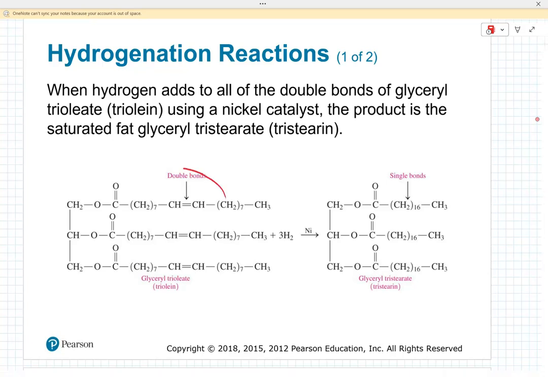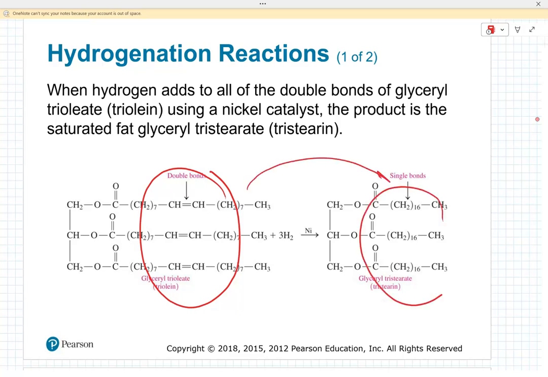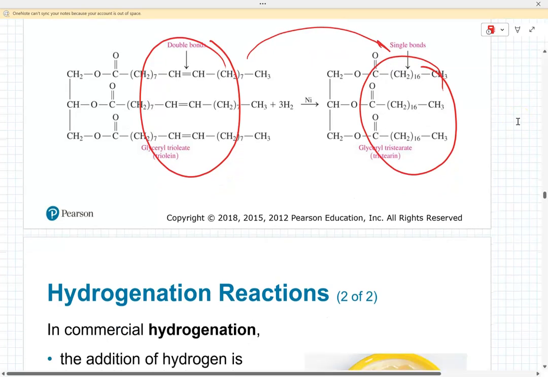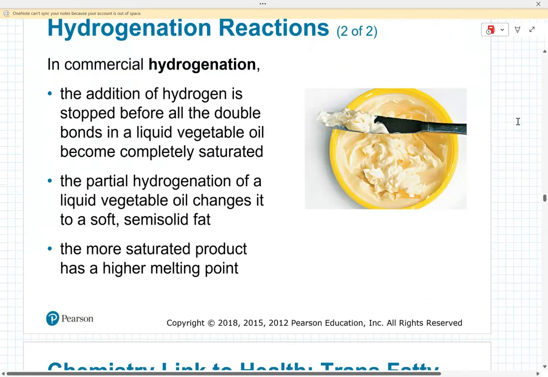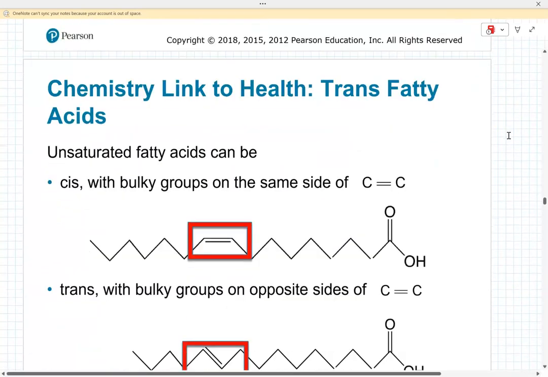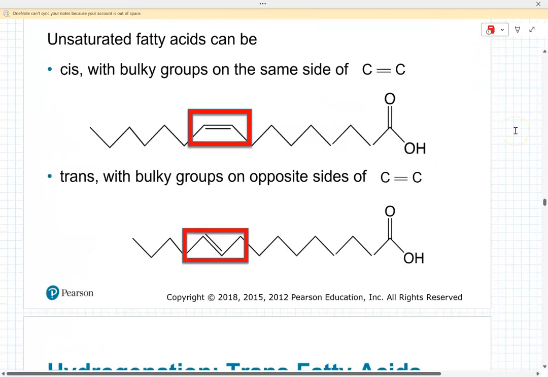So you will go from a liquid triacylglycerol to a solid triacylglycerol by modifying double bonds into single ones, which should increase the melting point of that substance, resulting in, I can't believe it's not butter, or whatever, margarine, vegetable shortening. But, as we mentioned before, it results in the formation of trans fats.